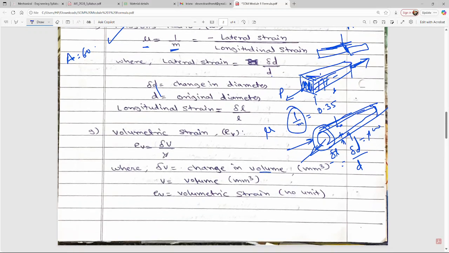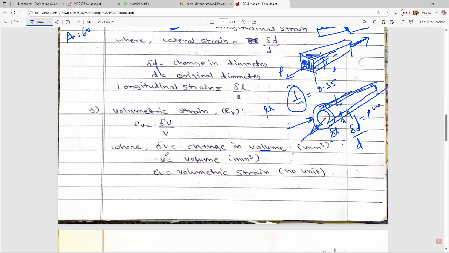Then we go to volumetric strain, delta V upon V. For the resultant change in volume, we only see here a change in length, and here a change in diameter. But by combining these, the whole volume will also change; it will contract or expand.